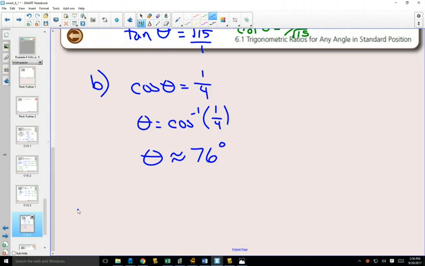So we've got 76 degrees. That is our first angle. In fact, when you do cos inverse of 1/4, what we're actually going to do as a practice is always find our reference angle first. In this case, it is equal to that same angle in quadrant 1. But the reason we find a reference angle is because it could be in quadrant 1 or quadrant 4. So the answer in quadrant 1 is the 76 degrees.